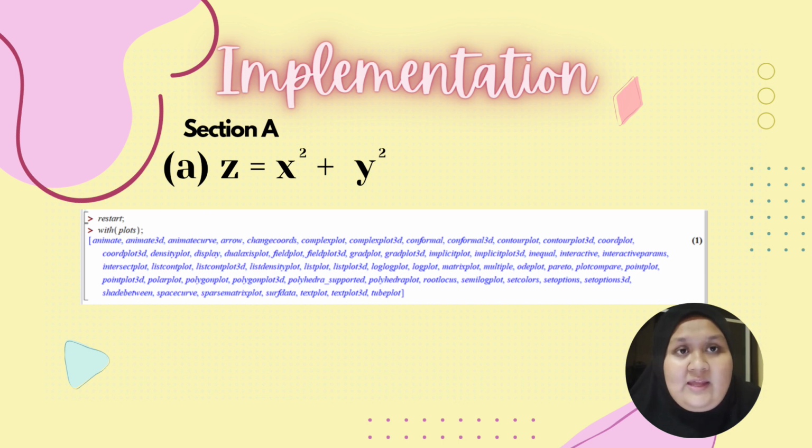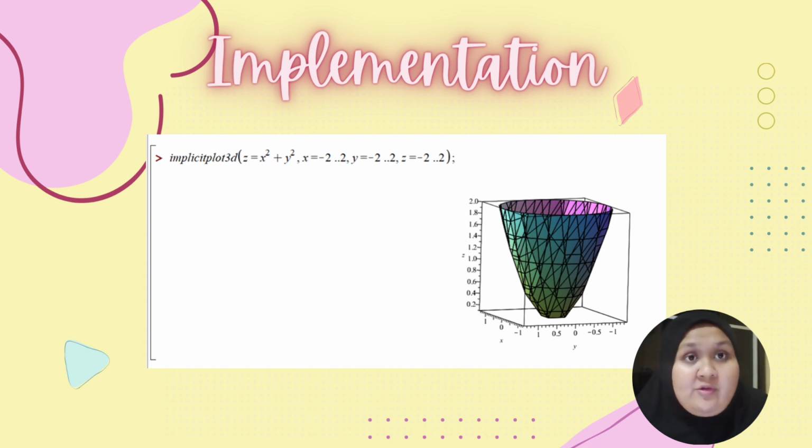We just need to key in restart and with plot into the MAT491 software. I have chosen to use implicit plot 3D for my option of plotting. So I just need to type in implicit plot 3D, and in the bracket, z is equal to x squared plus y squared.